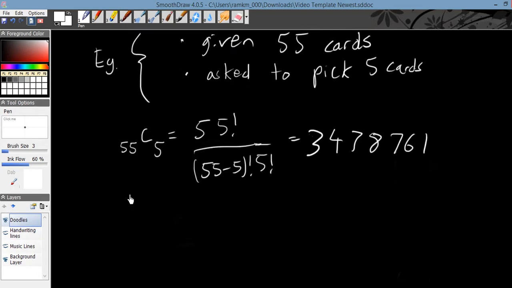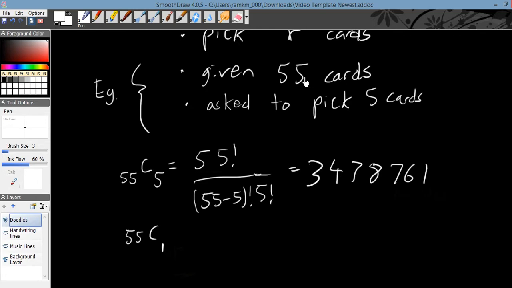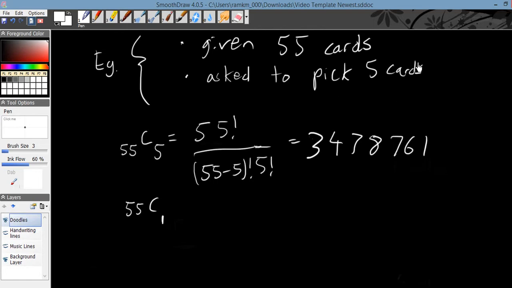But that's 55 choose 5. What about 55 choose 1? This would be the scenario where we have 55 cards and we're asked to pick 1 card from the stack. How many different ways can we do that? This is equivalent to 55 factorial over 55 minus 1 factorial times 1 factorial.